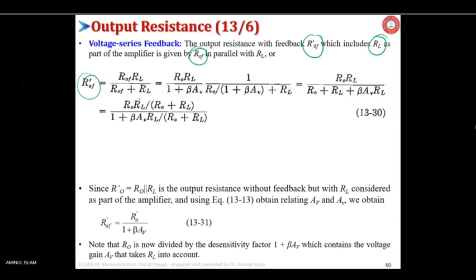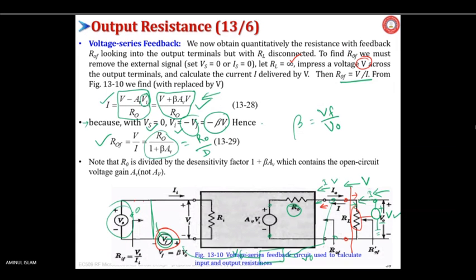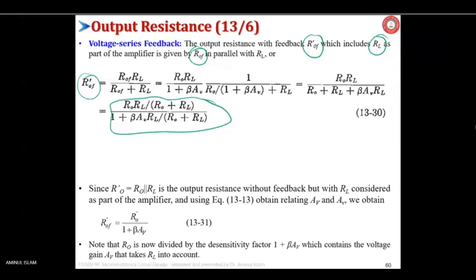If you put in the values, you will get this expression finally. The value of ROF we have got here is RO by 1 plus beta AV. You put that here, then you get it. Yes or no? Can we get it? Yes, sir.